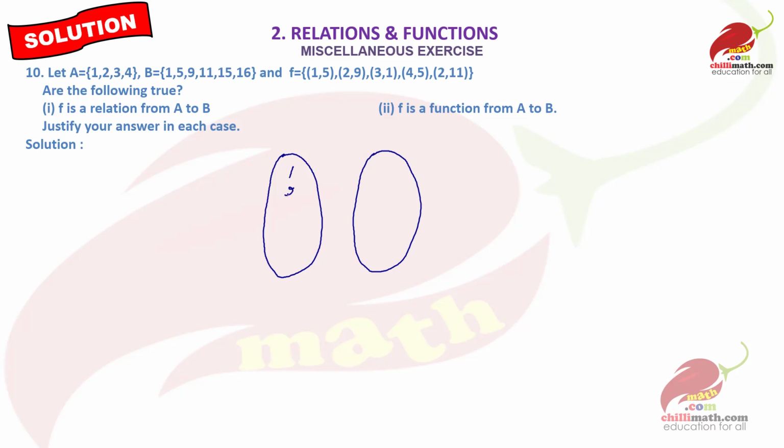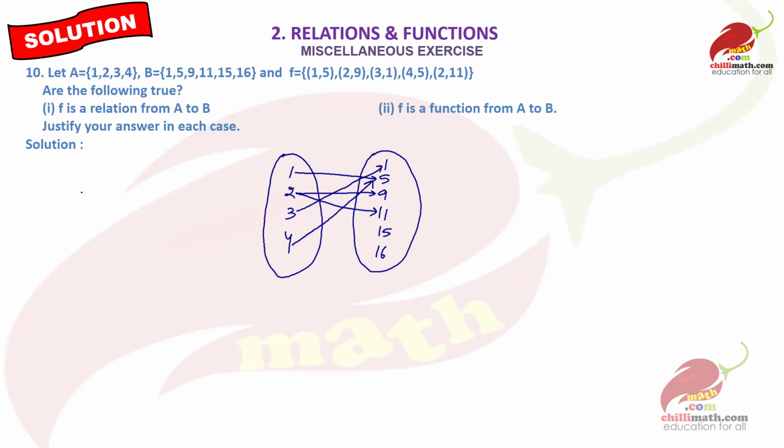So this is 1, 2, 3, 4 and 1, 5, 9, 11, 15, 16. F(1) is 5, so 1 is related to 5. (2, 9), 2 is related to 9. (3, 1), 3 is related to 1. (4, 5), 4 is related to 5. (2, 11), 2 is related to 11.